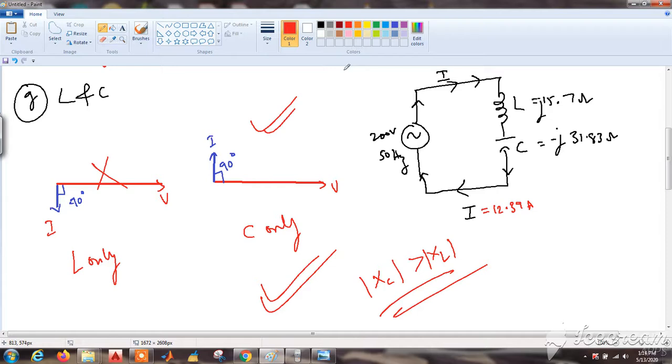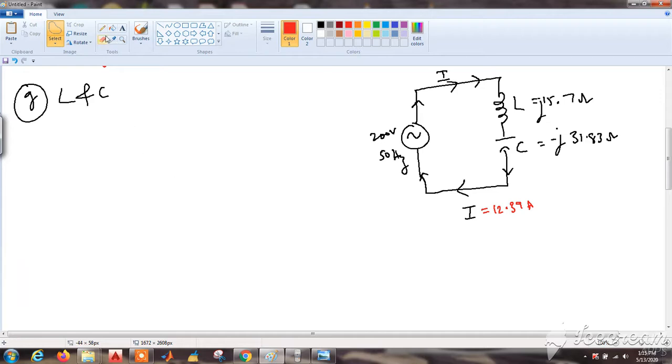There is another method to draw the phasor diagram also, I will show you. For this special case, consider the voltage VL across the inductance and the voltage VC across the capacitor. According to Ohm's law, VL is equal to I XL, and VC is equal to I into XC. That is the basic formula.